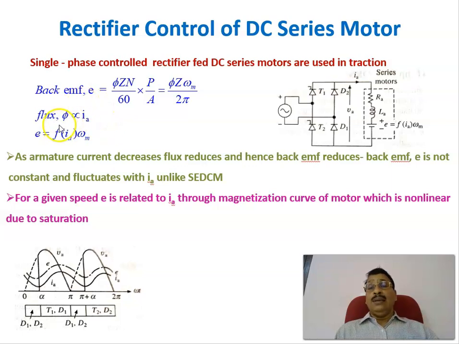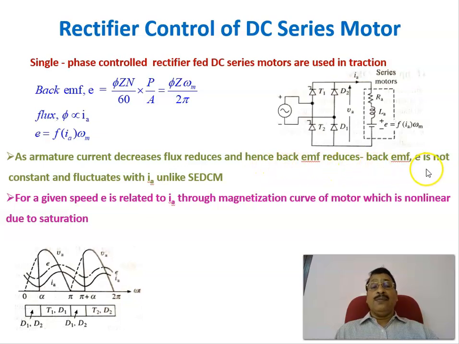That is why flux is proportional to Ia, or the back EMF is a function of armature current into omega M. Even for a constant speed, depending upon the armature current, the back EMF changes. Therefore, as armature current decreases, the flux reduces, and hence the back EMF reduces.